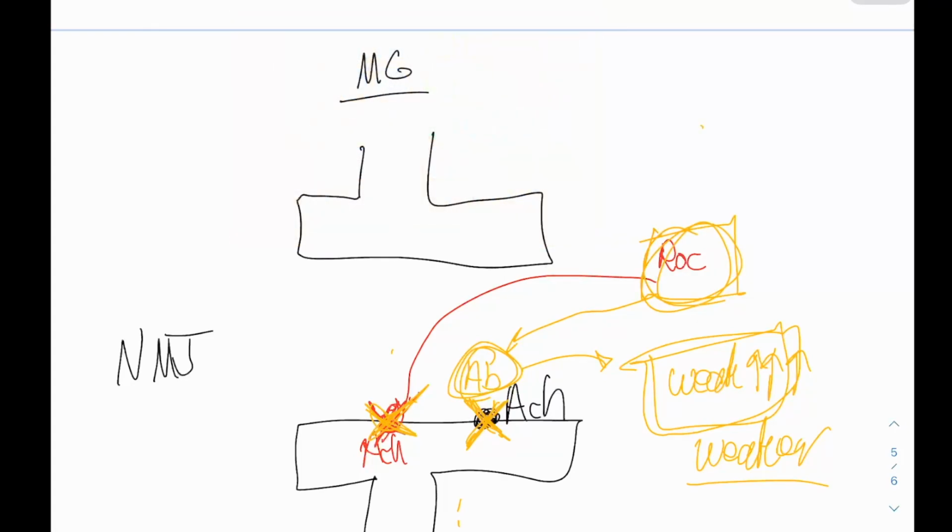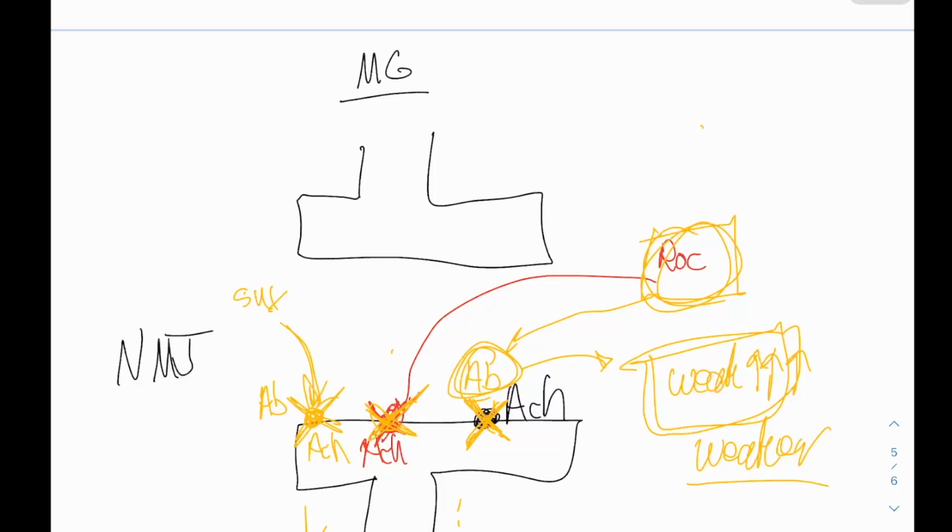However, for SUX, remember, SUX is a depolarizing muscular blocker. It needs to bind to acetylcholine receptor in order to depolarize this membrane and then cause paralysis. But if the antibody is blocking the acetylcholine receptor, SUX is unable to bind.